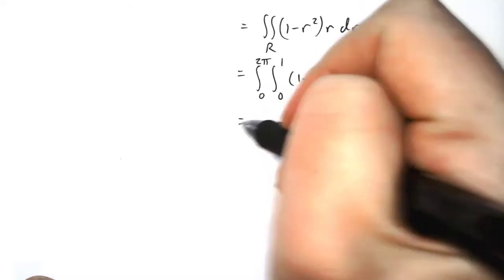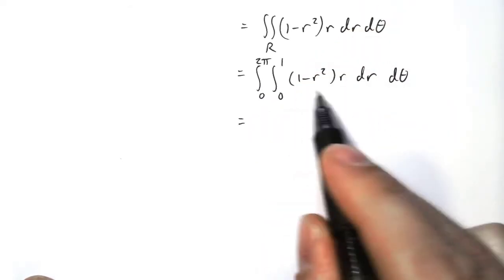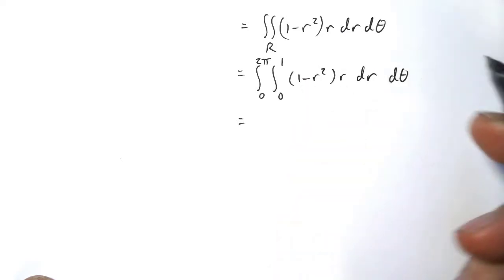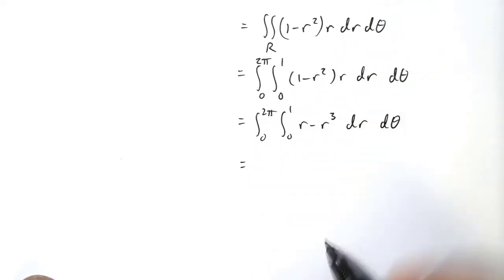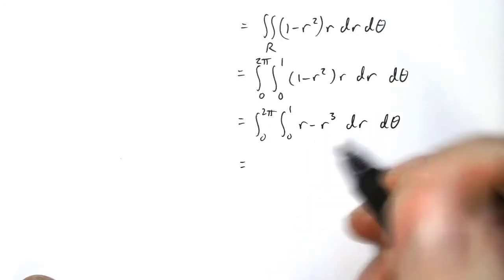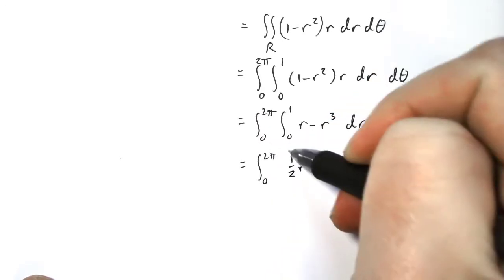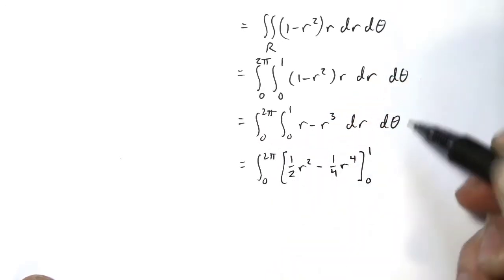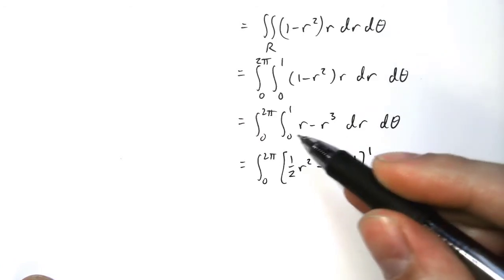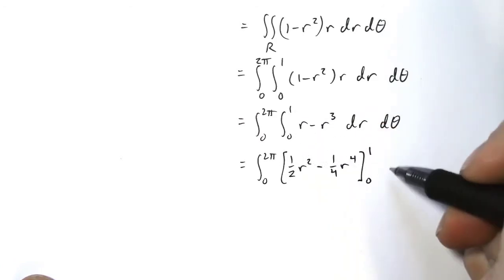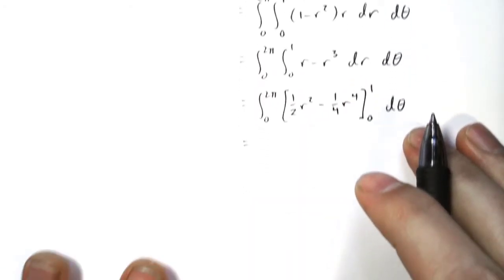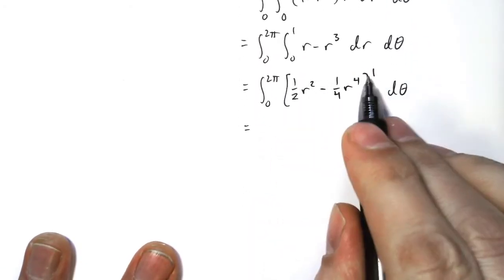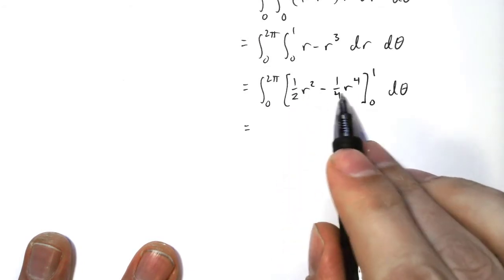So I integrate the inside with respect to r. I think the easiest thing to do would be to distribute first. So there we go, antiderivatives. And I'm going to evaluate this quantity from 0 to 1, as I said. Okay, when I plug in 1 for r, I'm just going to get 1/2 minus 1/4.